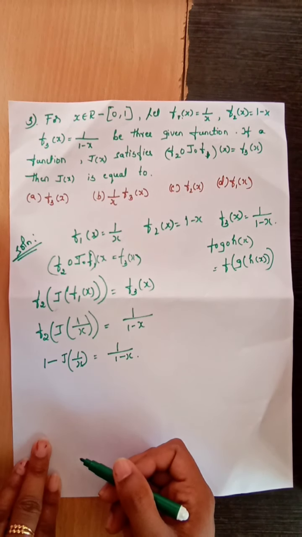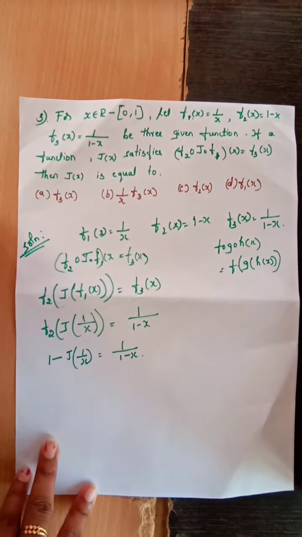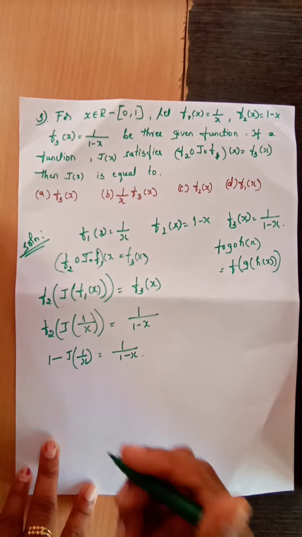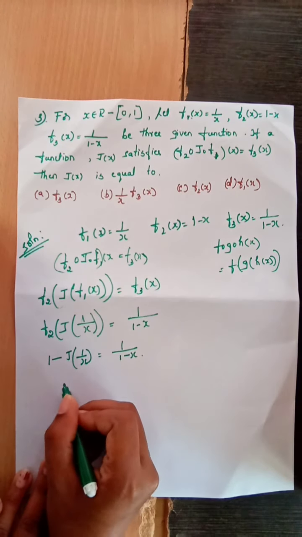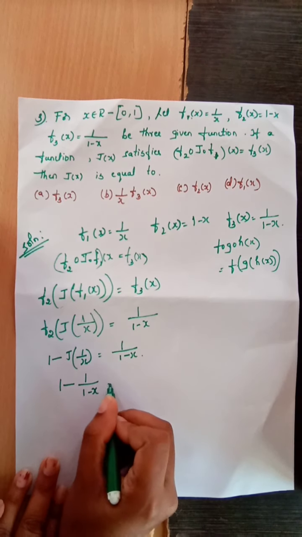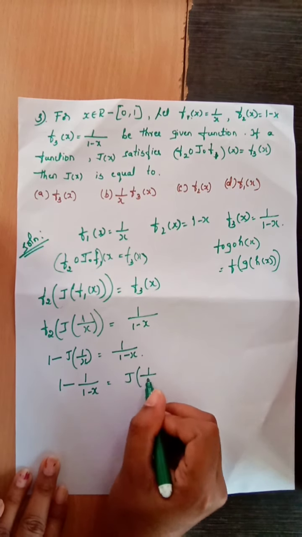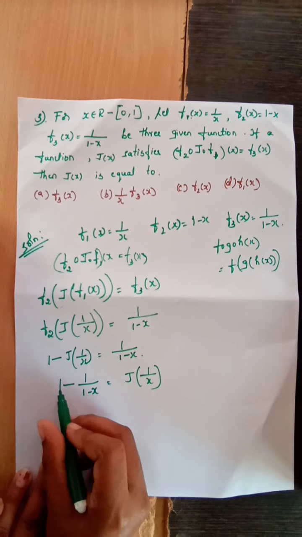Okay. So next, if I get j of 1 by x, then if I replace x by 1 by x, I can get j of x. So what I can do is, I'll take this minus j of 1 by x to the other side. So it is 1 minus 1 by 1 minus x is equal to j of 1 by x. So again, it is a fraction. To simplify, I'll cross multiply.